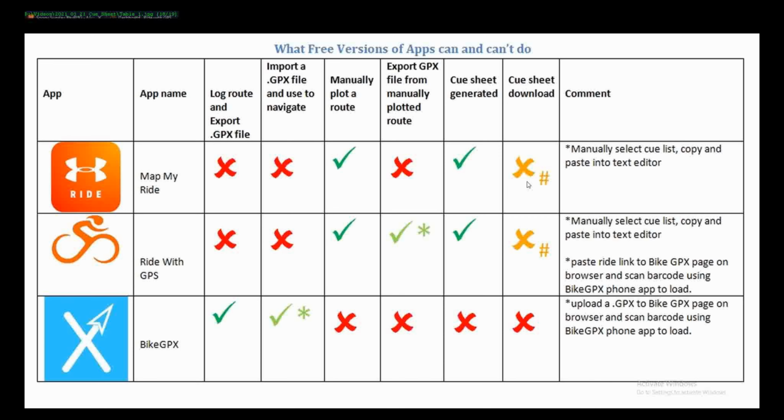But what you can do is it's pretty easy to select the cue sheet, copy, and then paste it into your text editor. Okay, so the next one is Ride with GPS, pretty similar to Matla Ride, except it's got an extra feature. So yes, you can manually plot it.